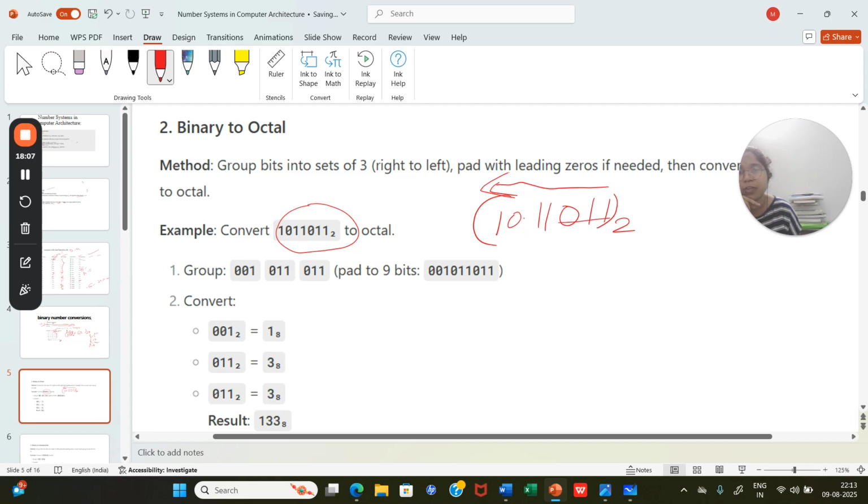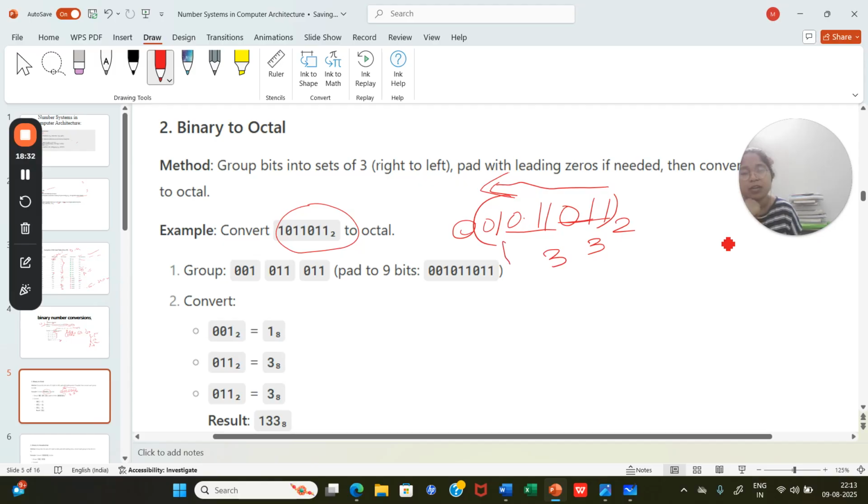Make groups of three for the octal numbers, because we need 8 values. 0 1 1 is 3. 0 1 1 is 3 again. 0 0 1 is 1.